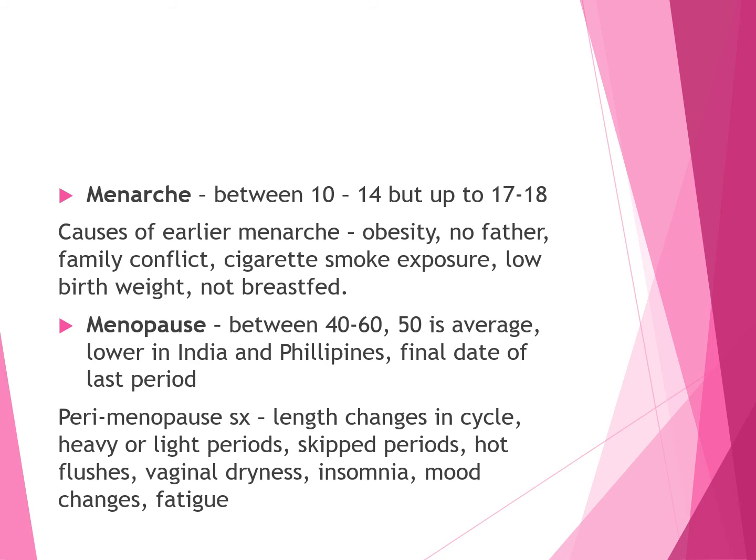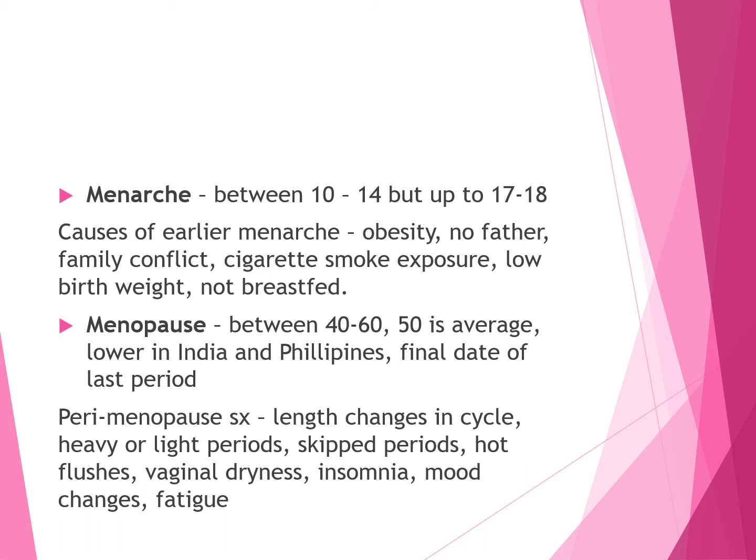Menopause is between 40 to 60, averagely 45 to 55 age. The 10 years of menopause are premenopause, menopause and postmenopause. Premenopause takes 5 years at least.